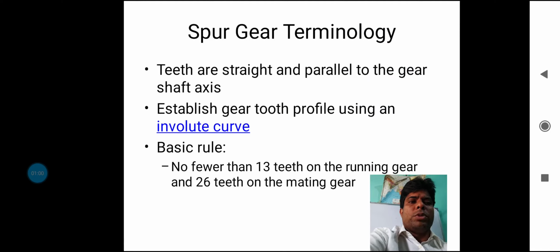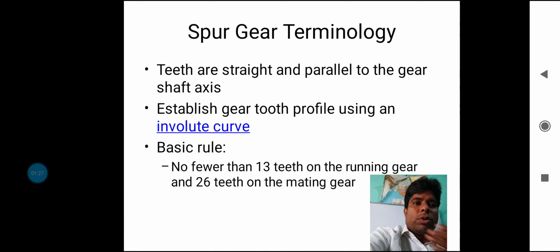Spur gear terminology means various points to be mentioned in gear drives. If you are ready to design any spur gear, first of all you have to know the different gear terminology. First, the teeth are straight and parallel to the gear shaft.